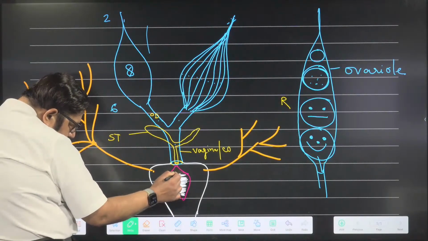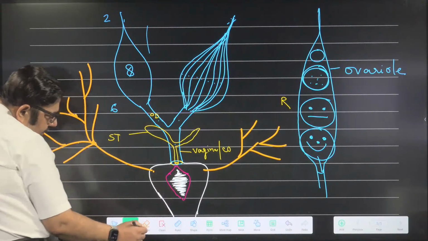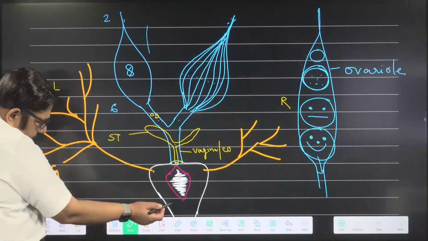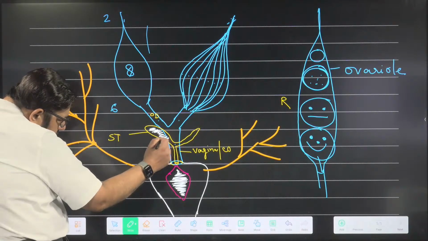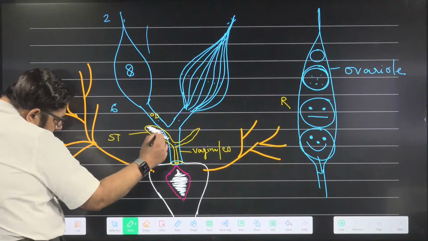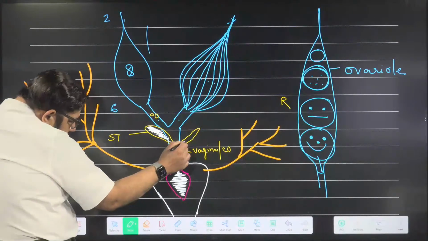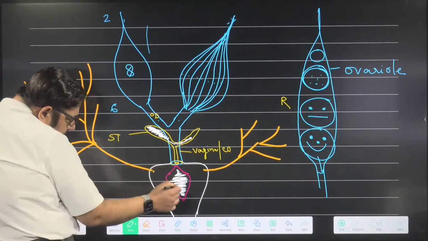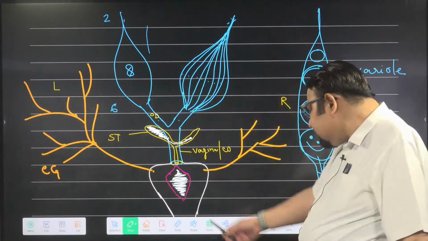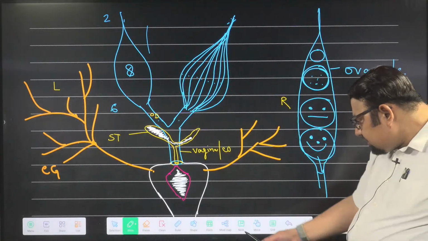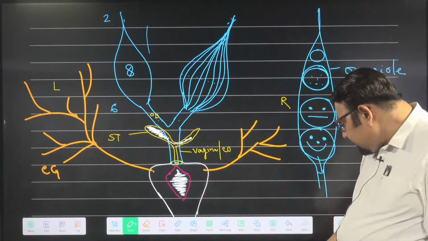Now what happens is that as the sperms are entering into the spermatheca, we will find that gradually there is a decrease in the sperms in here. As they are filling there, the sperms in the spermatophore are decreasing.